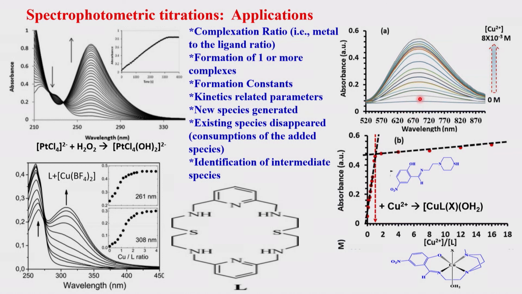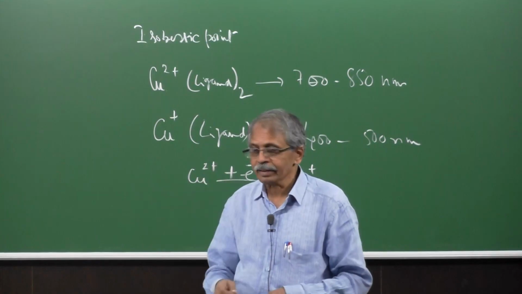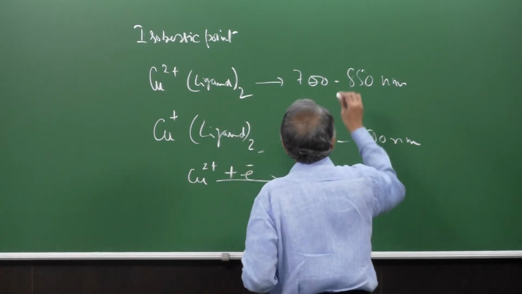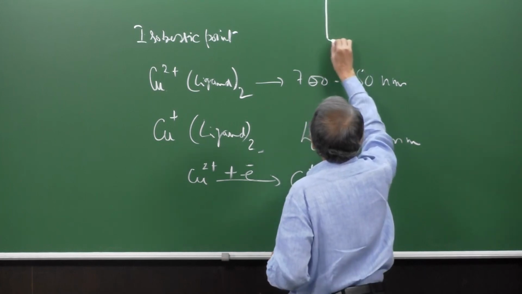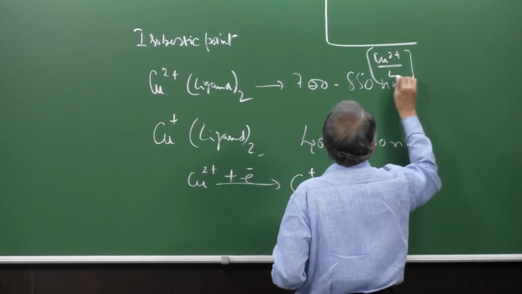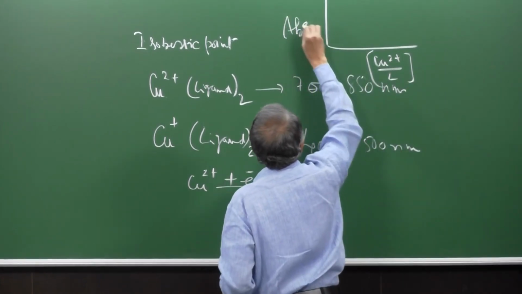Now if I pick up the absorbance at each of the peak positions and plot, that is shown in graph B, where on the x-axis I put how much copper 2+ is added with respect to the ligand. So that is the mole ratio. What is drawn here is the copper 2+ to L mole ratio, and this is the absorbance.